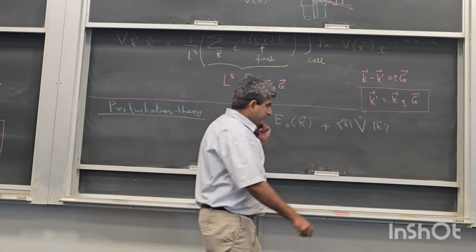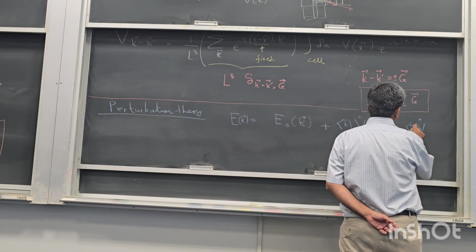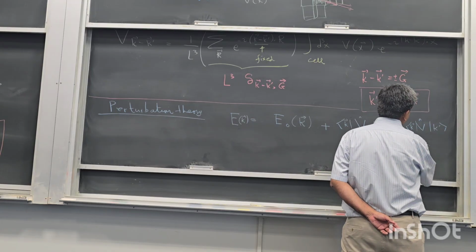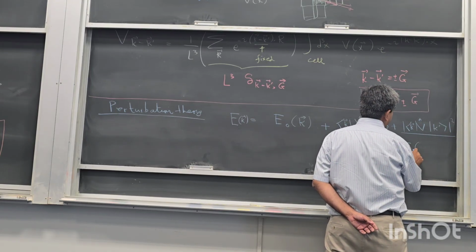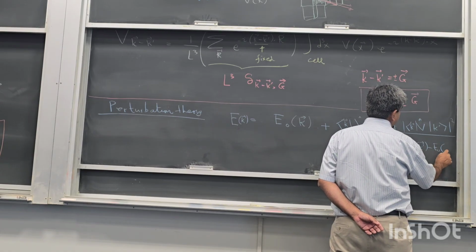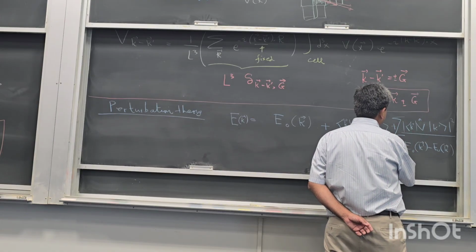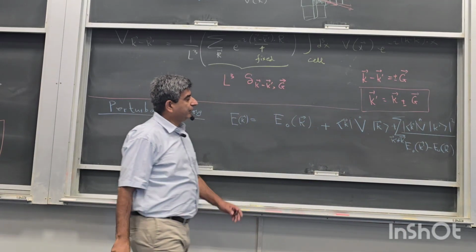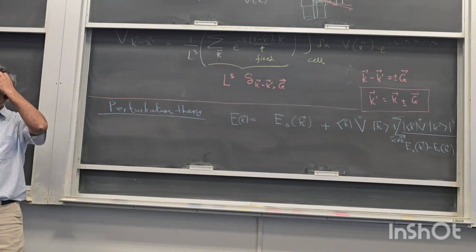The second order perturbation term is V k k prime modulus squared over E naught k prime minus E naught k, and you sum over all k primes which are not equal to k. Okay, so these are the first and the second order correction terms.